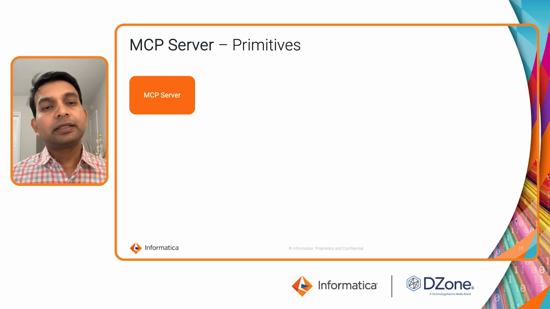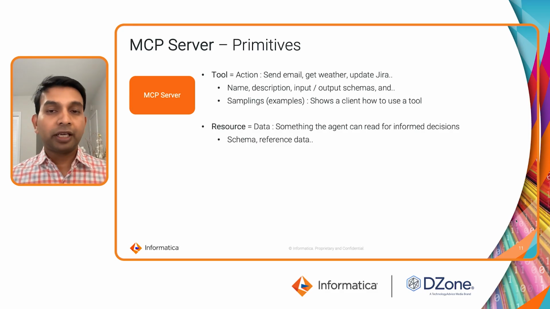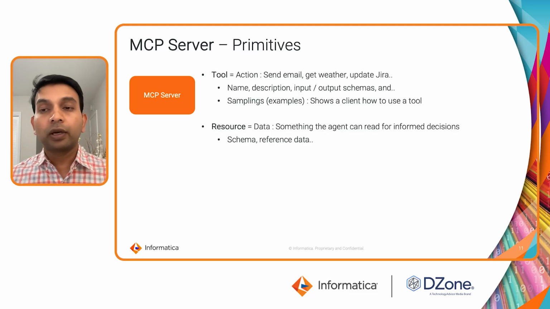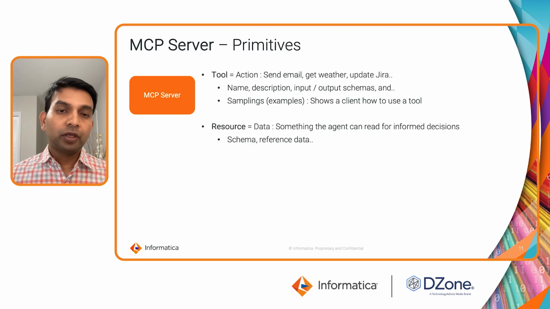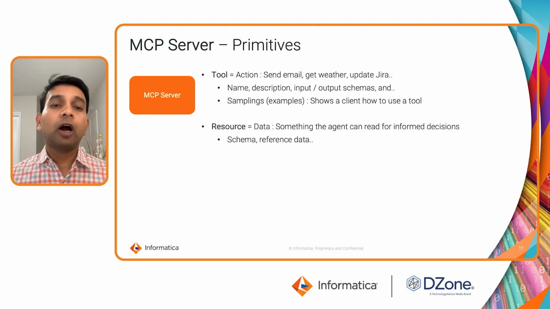The next is resources. Now, resources are designed to be application controlled. Resources can be any kind of data, whether it's text or binary, that can be used by the application built to utilize LLMs. The programmer of the application, usually an engineer, is responsible for codifying how this information should be used by the application.